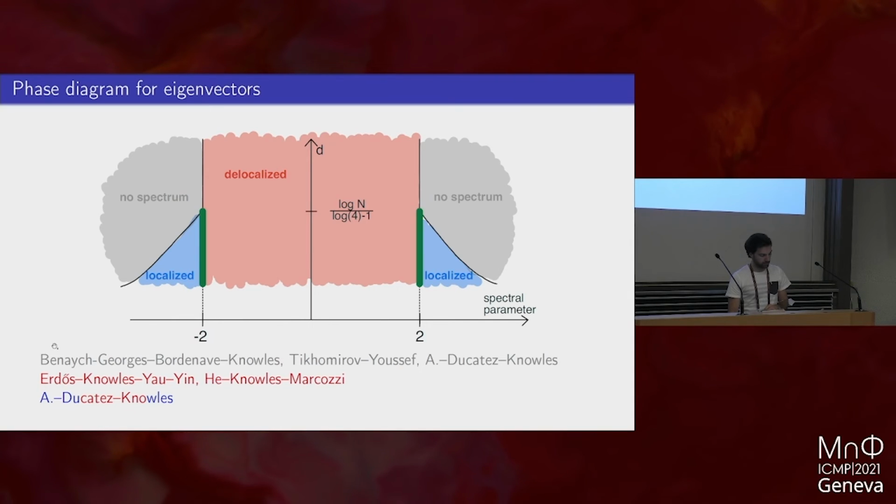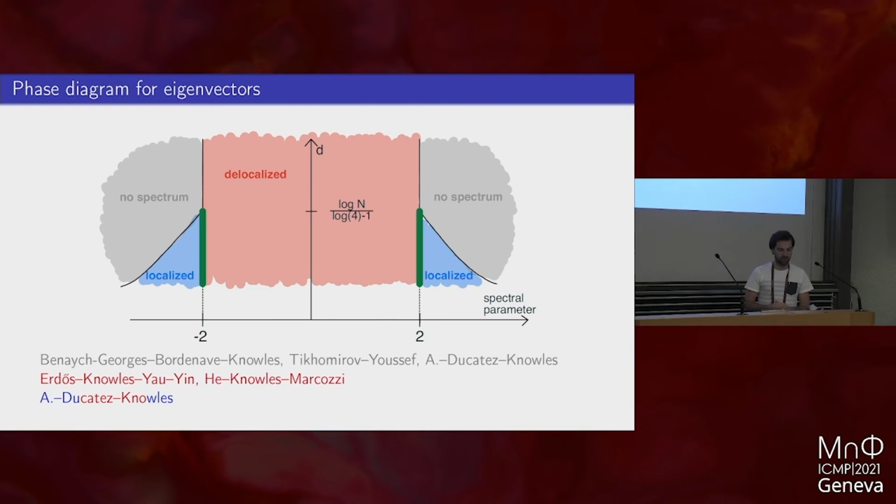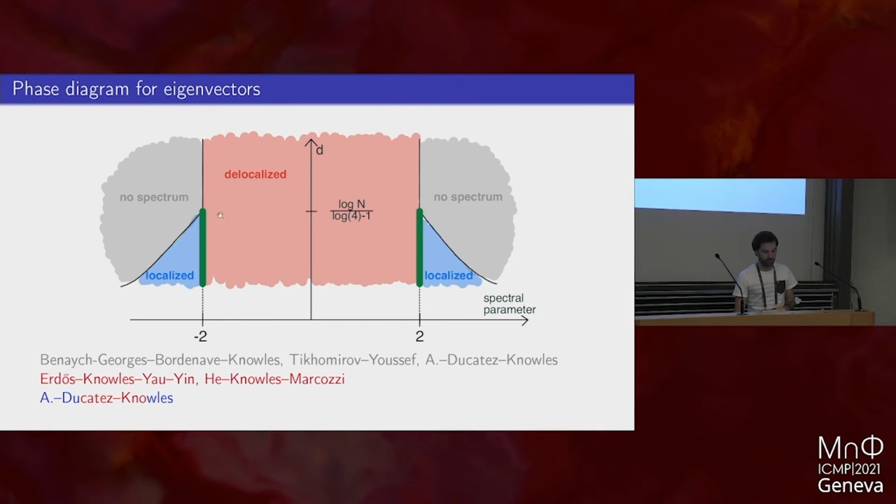And then the red works here basically proved that above here, when d is bigger than a constant times log n, then you have delocalized eigenvectors everywhere. And what we recently proved with Raphael and Antti is that down here, when d is smaller than log n divided by log 4 minus 1, you actually get a new phase, so the eigenvalues leave -2, 2.